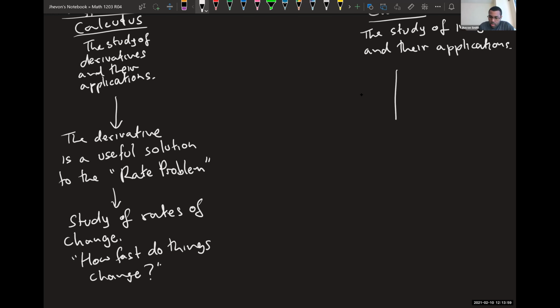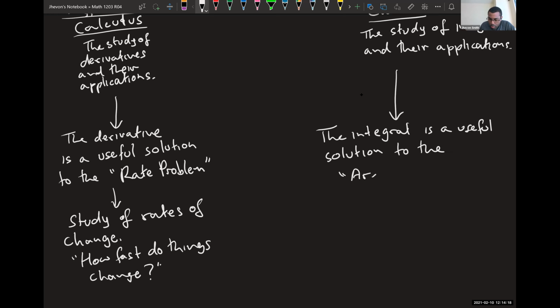What about integrals? What does that study? Right, so the integral is a useful solution to what we call the area problem.